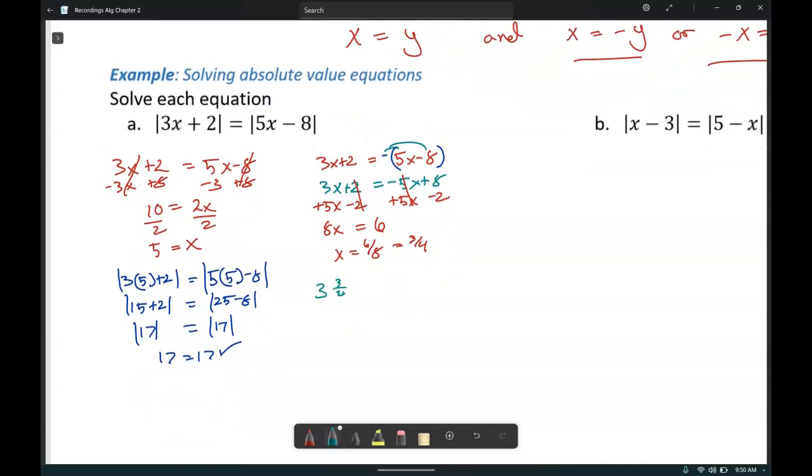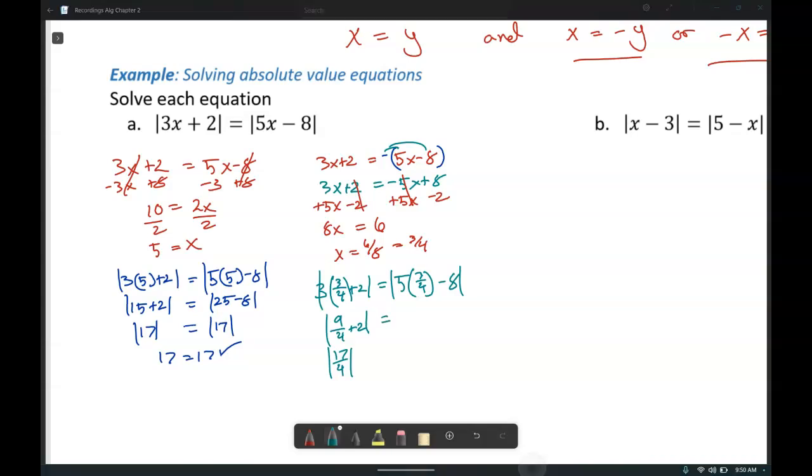3 times 3/4 plus 2 with the absolute value and see if it equals 5 times 3/4 minus 8 and its absolute value. So we get 9/4 plus 2, which is 17/4 when we add those together.